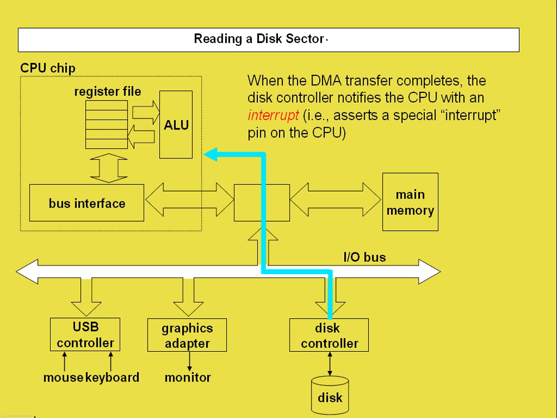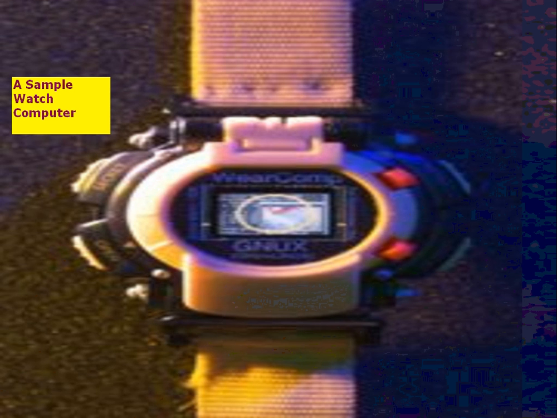In the figure, you may find a colored arrow which indicates data transfer from the disk controller to the CPU. The following is the figure of a watch computer. With this, you don't have any big monitor or keyboard. Thus, we can say that computers can be there without monitor and keyboard also.